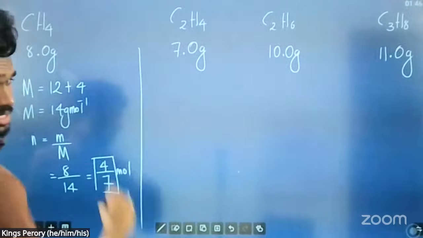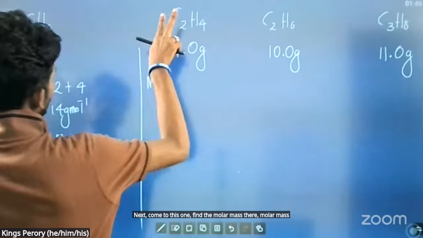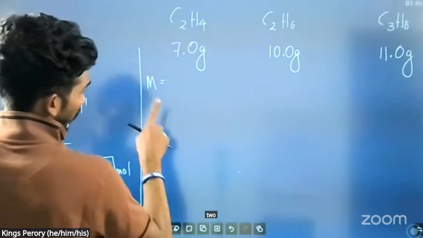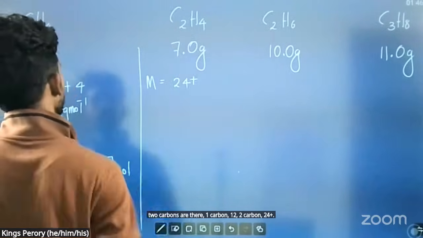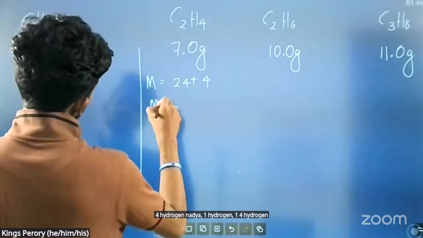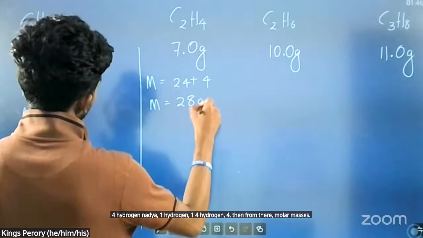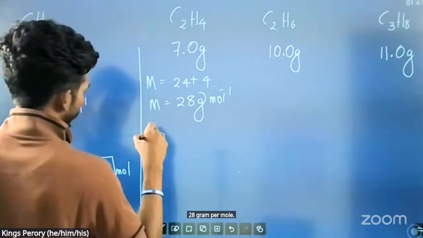Next, come to this one. Find the molar mass there. 2 carbons are there. 1 carbon 12, 2 carbon 24, plus 4 hydrogen are there. 1 hydrogen 1, 4 hydrogen 4. Then molar mass is 28 gram per mole. Now we'll find the number of moles.